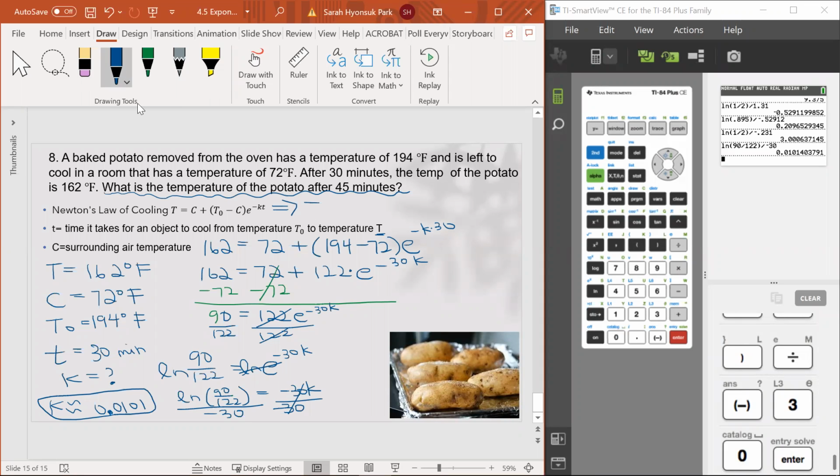We're trying to find the T, and the surrounding temperature is 72 degrees, plus T initial is still the same, 194 minus 72, so we know that's 122, e to the negative 0.0101 t. We just need to plug in 45 minutes for t. So let me just erase this part so I can do that.